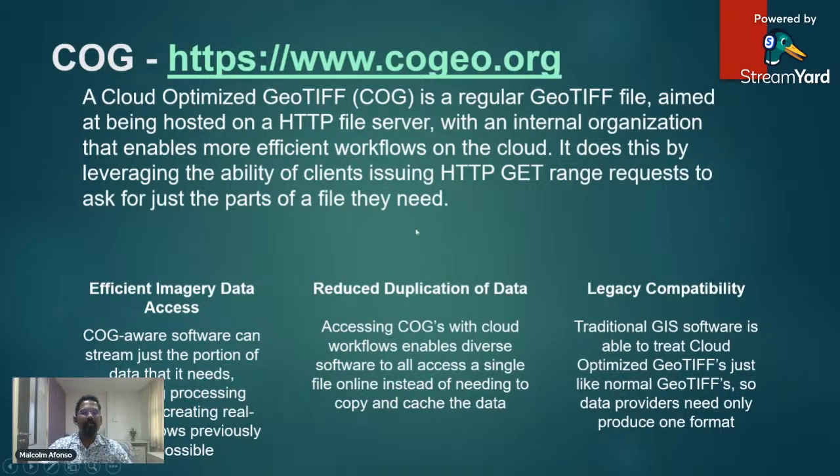Just to highlight some of the main points, we have efficient imagery data access. Any client side application, say QGIS or OpenLayers, can handle this very effectively, and we can pull the data directly from the cloud. So this improves processing, and we can create workflows.